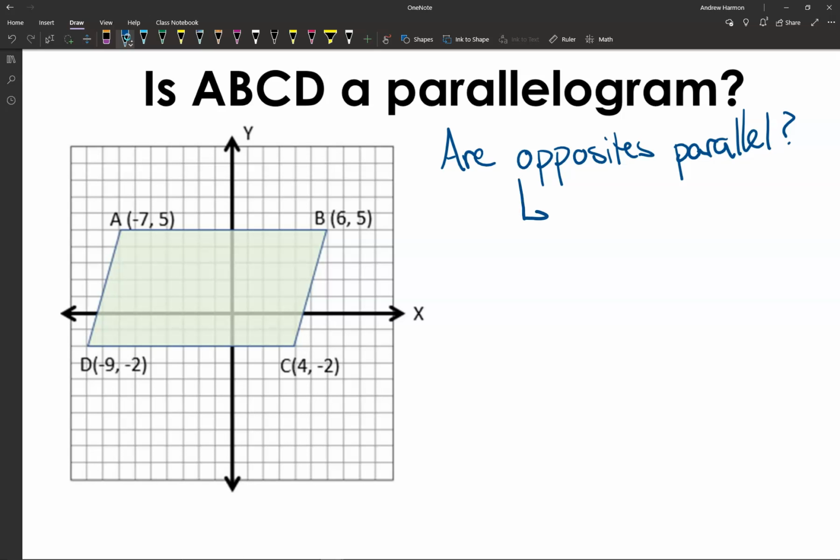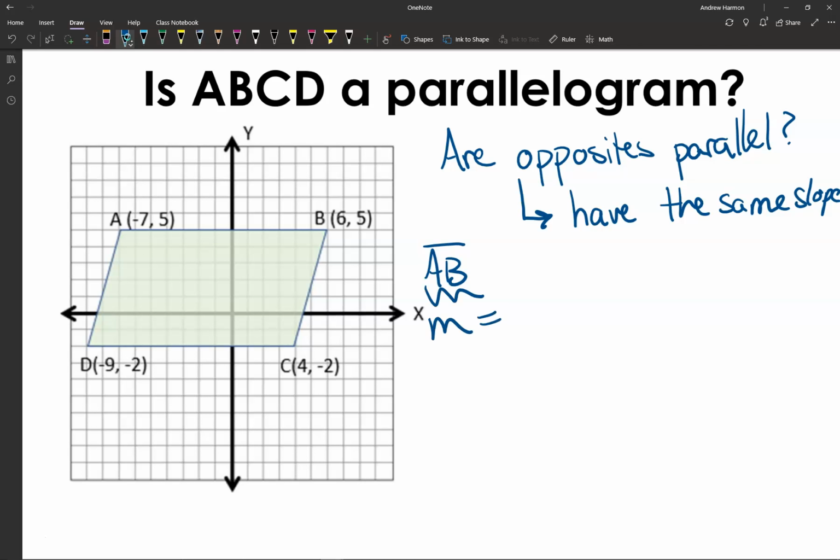So the way we show opposite sides are parallel, they have to have the same slope. So all we have to do is figure out, all right, we have side AB, what is its slope? We have side DC, which is opposite AB, and figure out its slope. A to B, there is no rise in that line, and its run is 13.